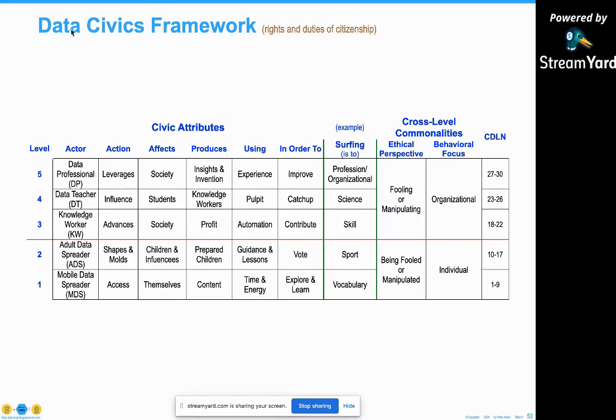Absolutely. So, looking from level 1, 2, 3, 4, 5, what is the role that all of this can play? I'm not talking about the individual now, I'm getting back to the organization and department.